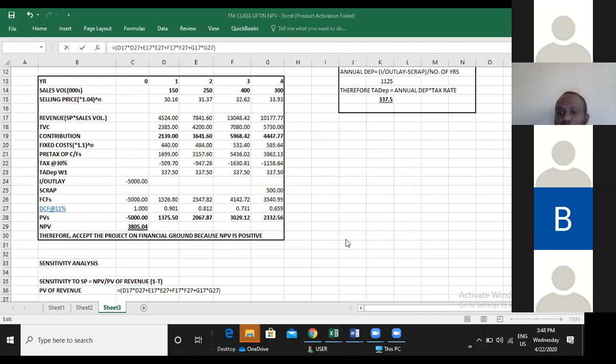Okay, so I said that we want to get the present value of revenue. So our present value of revenue is the revenue in each year multiplied by their discount factors.